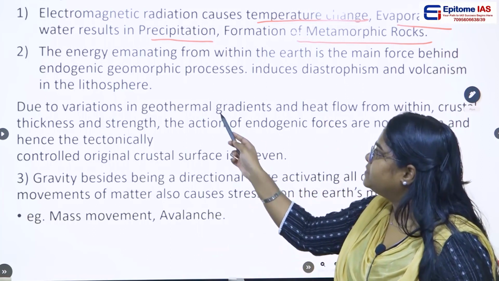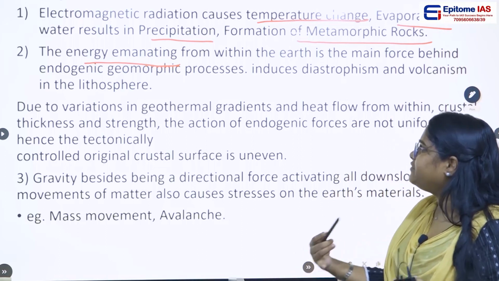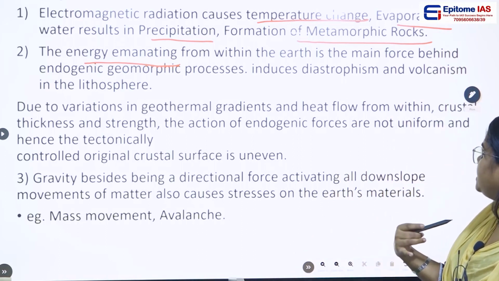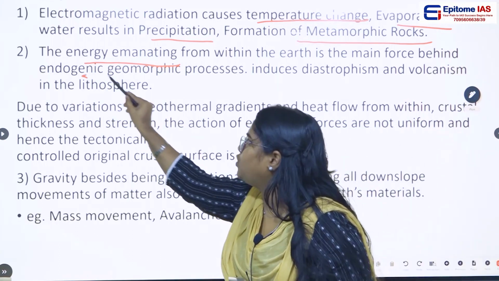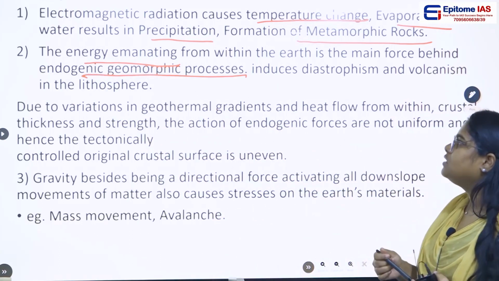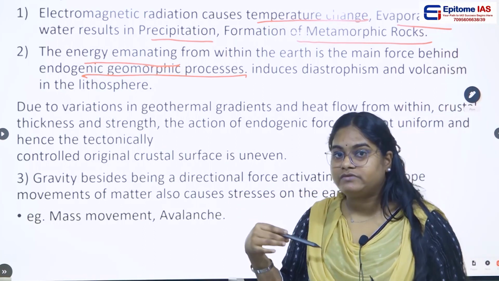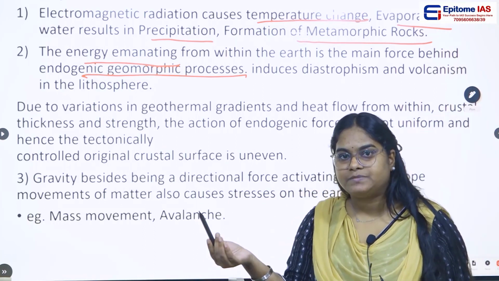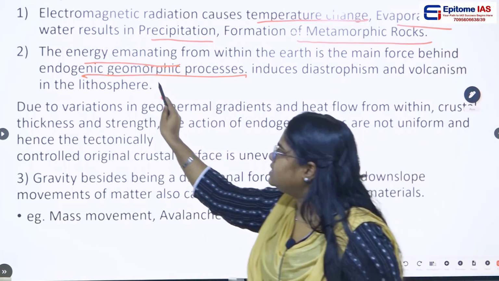And the energy which is emanating from within the Earth's interior is the main force behind the endogenic geomorphic processes. These geomorphic processes, which are because of the interior of Earth, are responsible for some of the changes in the lithosphere.